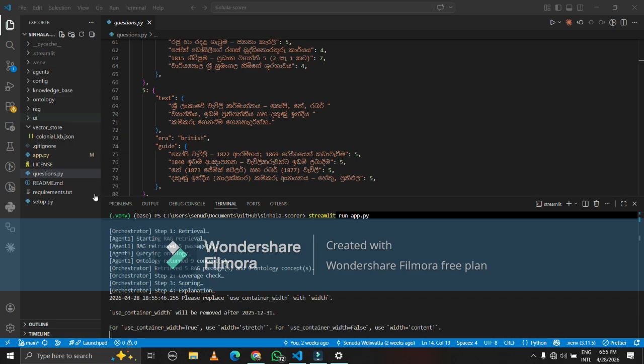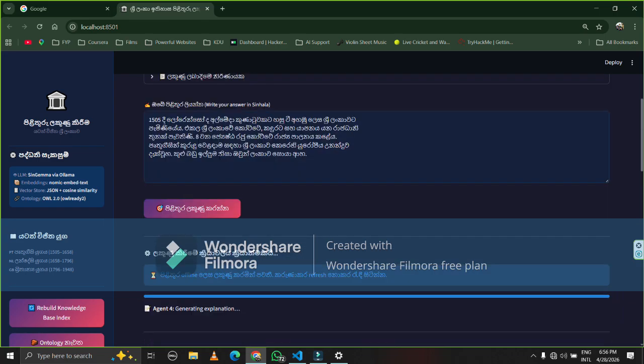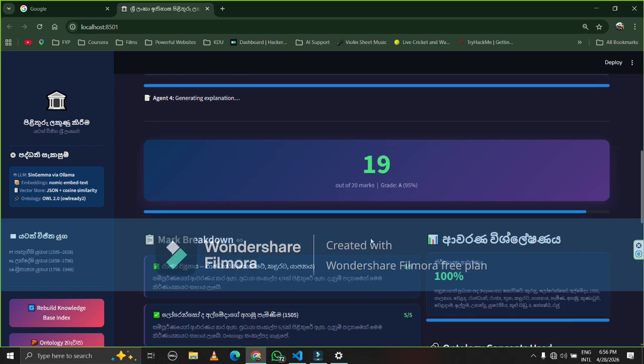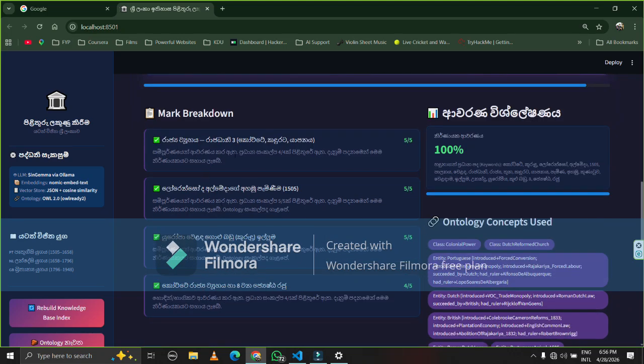So as you can see here, now the backend has completed the answering. If we continue to the user interface, because I gave a very strong answer written by ChatGPT, it has given the mark as 19 out of 20 and grade A. And here you can see a clear marks breakdown in the marking scheme.